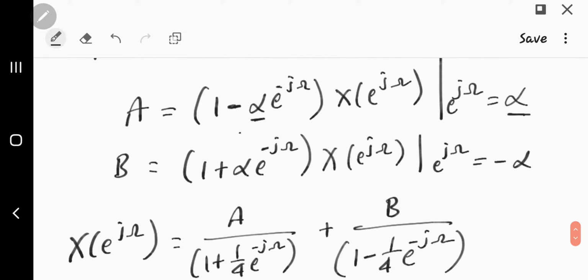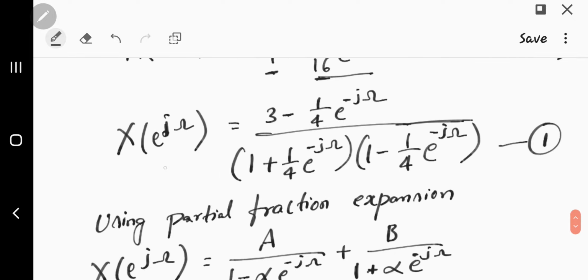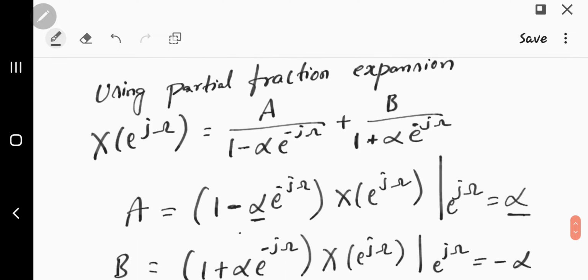So A is equal to, before going to that, give a name for this one. This is our X of e^jω, which we have to substitute there.